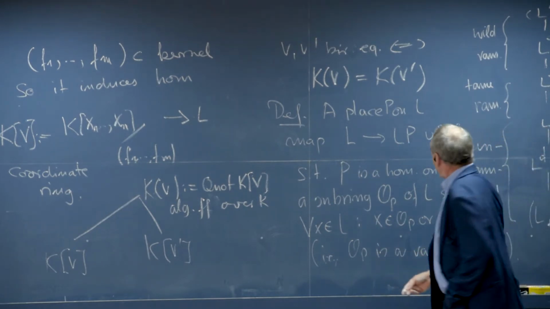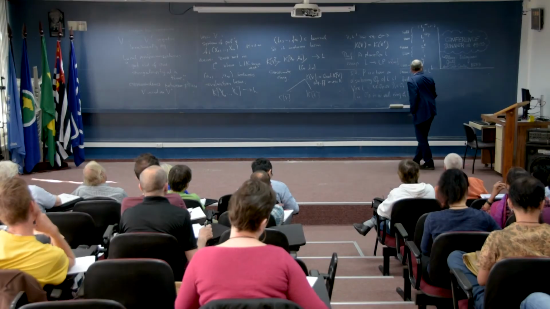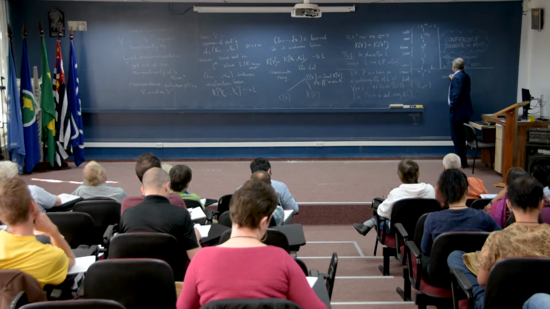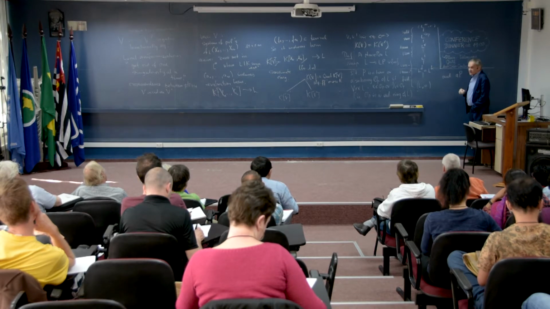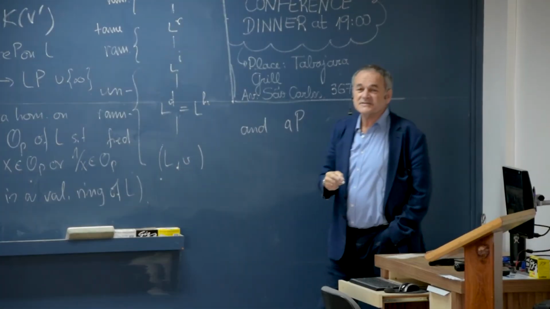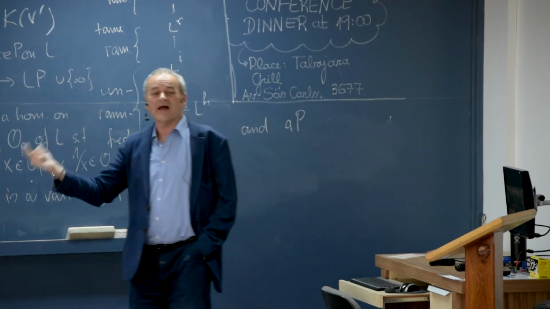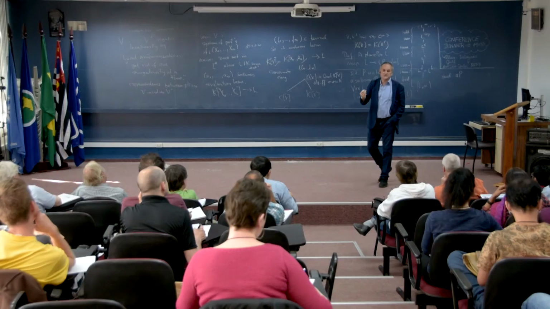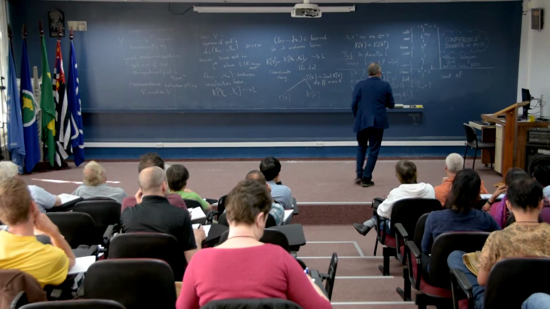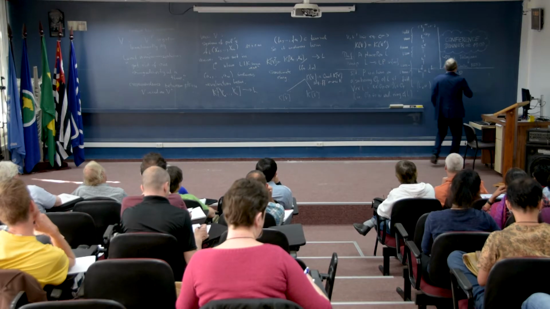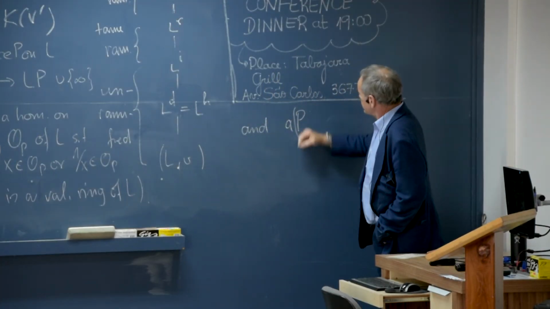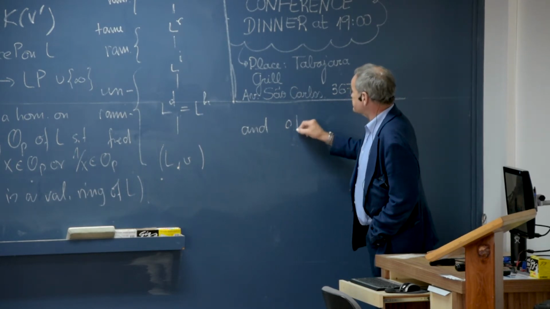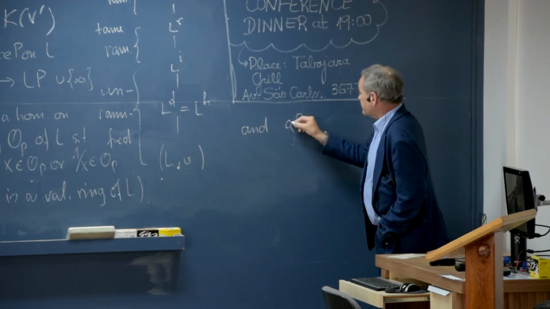And outside of OP, here we have a phenomenon: places are traditionally written from the right, in contrast to other maps, because it comes from these evaluation homomorphisms. And one just drops the parentheses, so one writes it like that.